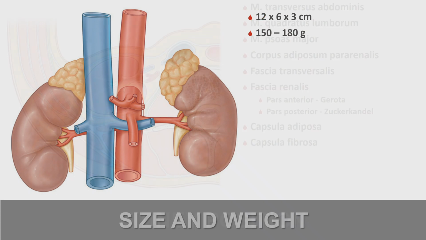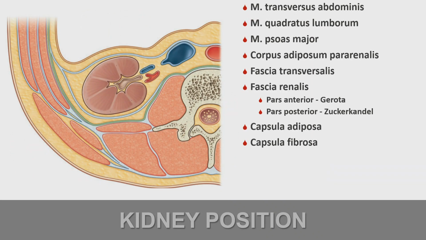The internal position of a kidney is very, very important to know. Here we have the transverse fascia. The transverse fascia is the inner surface of the transverse abdominal muscle and also quadratus and psoas.